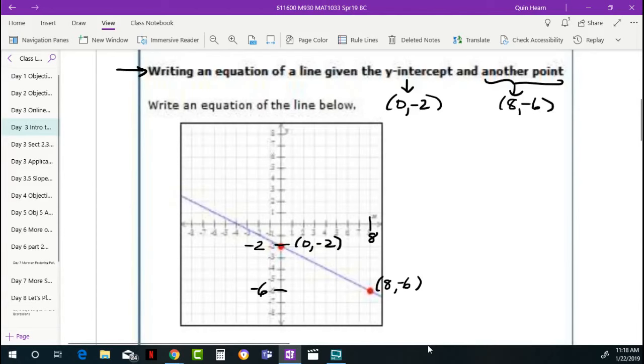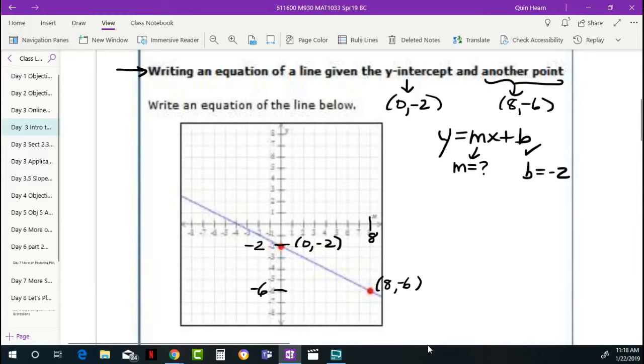Well, all we need is the y-intercept and the slope in order to use y equals mx plus b. Do we have the y-intercept? Yes, we have b. That's -2. How could we find m? They're not explicitly stating what the slope is, but how could we find the slope?